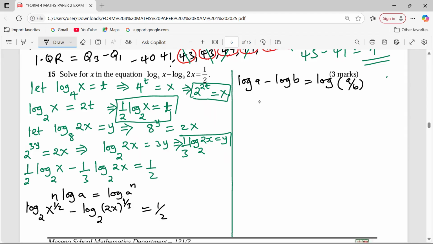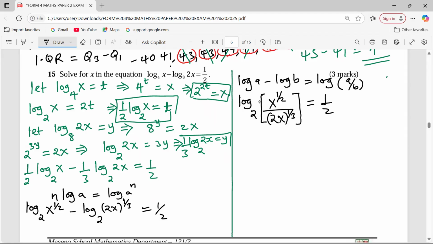So with that knowledge, we can proceed because there is a minus there. And so we will be talking about the log to base 2 of x power half divided by 2x power a third. This is equal to half.